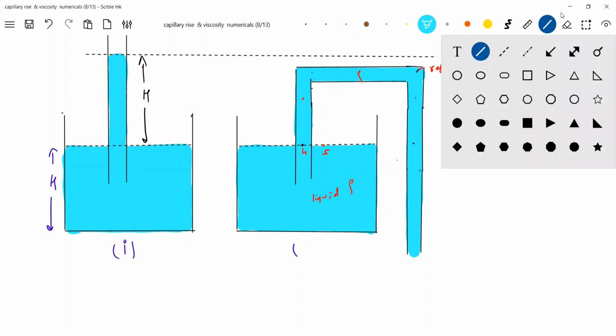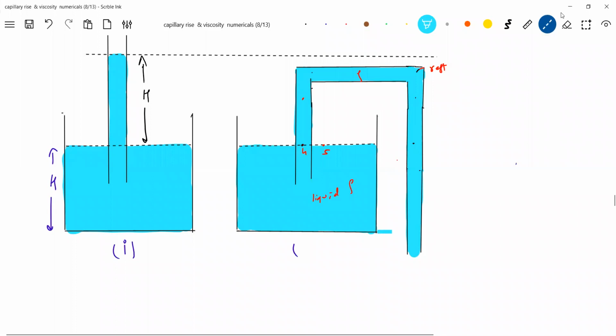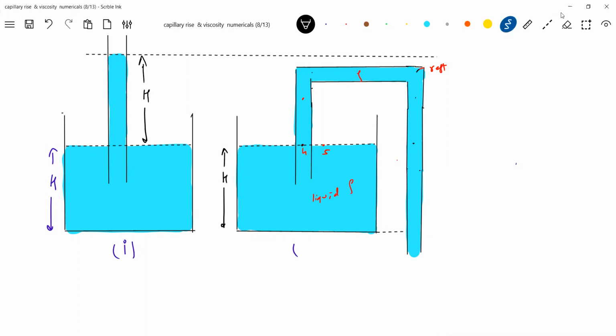What is the extension he has made? Look at this. So this is the H. So how much is it? H by 4.